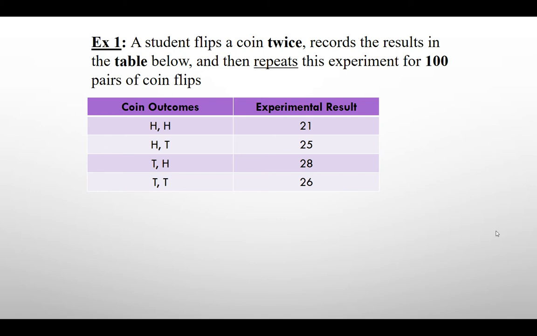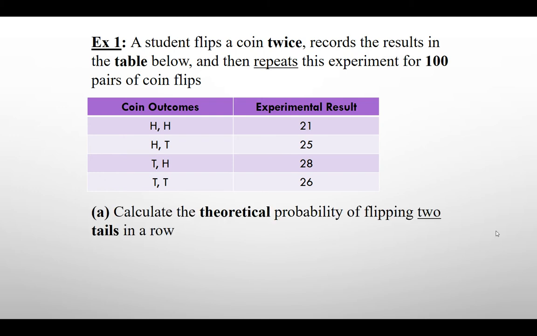When they do the experiment, they get heads followed by heads 21 times. They get heads followed by tails 25 times. They get tails followed by heads 28 times, and they get tails followed by tails 26 times. This is what actually happens. This is going to be our experimental result.